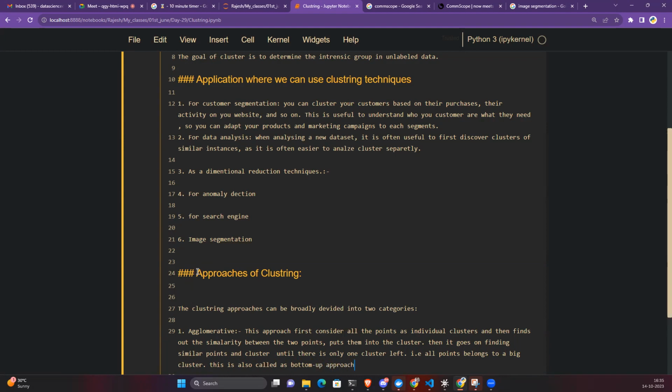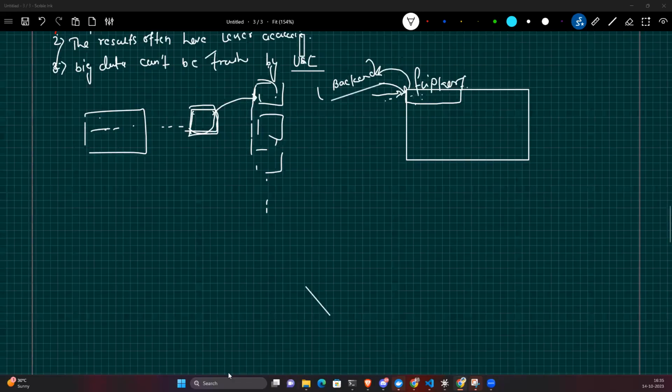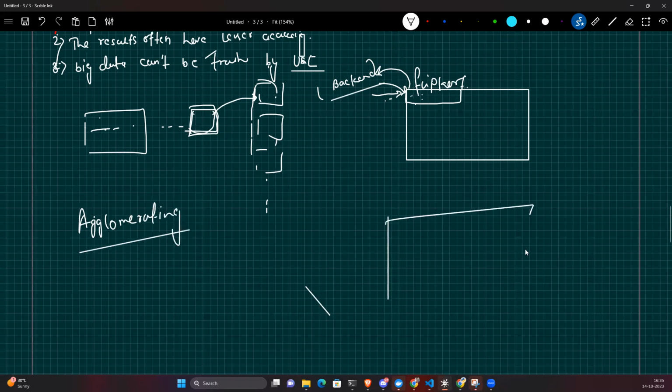Okay, let me talk about this. So what is agglomerative clustering? This approach first considers all the points as individual clusters. Let's suppose in case of agglomerative, we have different data points.